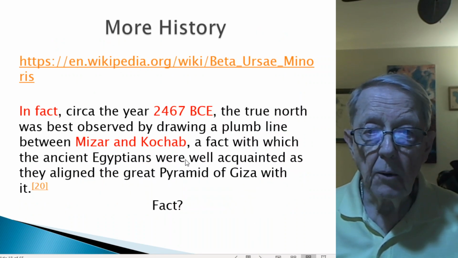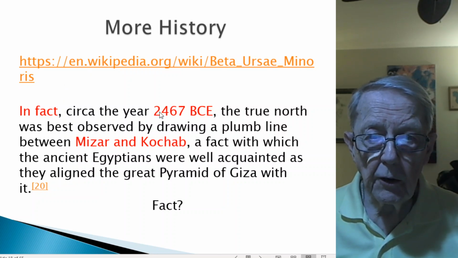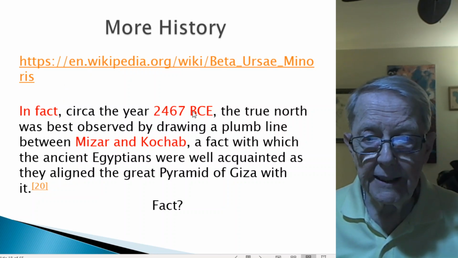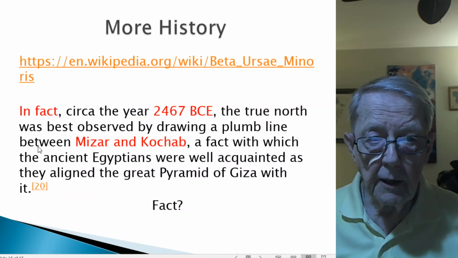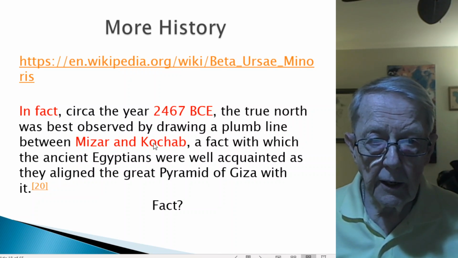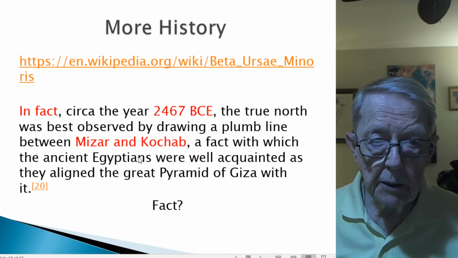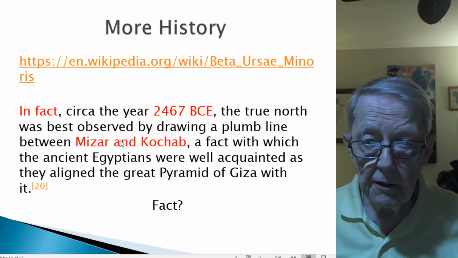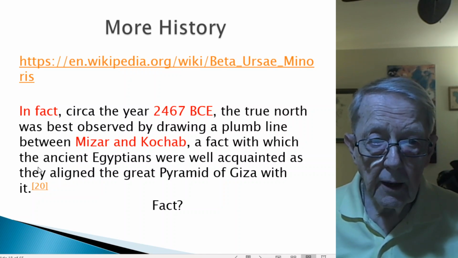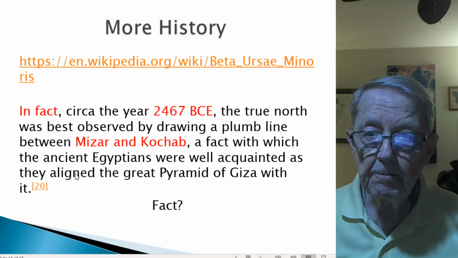Well, there is one more, a little bit better. In fact, around the year 2467 BCE, the true north was observed by drawing a plumb line between Mizar and Kochab, a fact which the ancient Egyptians were well acquainted with. This is a fact they knew about as they aligned the Great Pyramid of Giza with it.